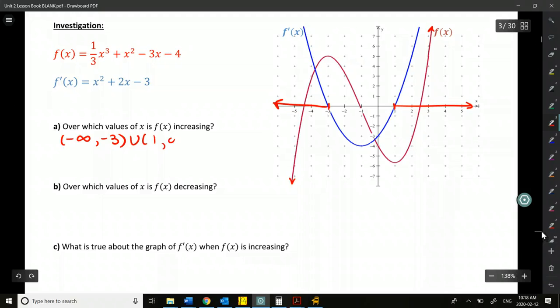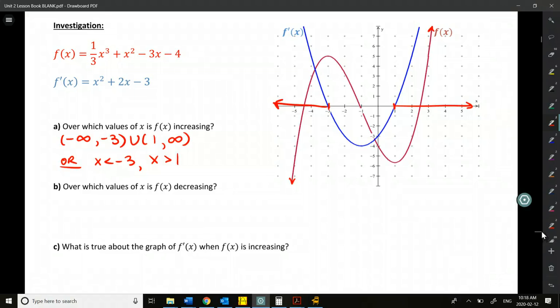So we'll say in union with 1 to infinity. If you'd like to use inequality notation, you can say where x is less than -3 and greater than 1. Basically we're saying from negative infinity all the way to -3 we're increasing, and then from 1 to positive infinity, those are the increasing sections of f of x.